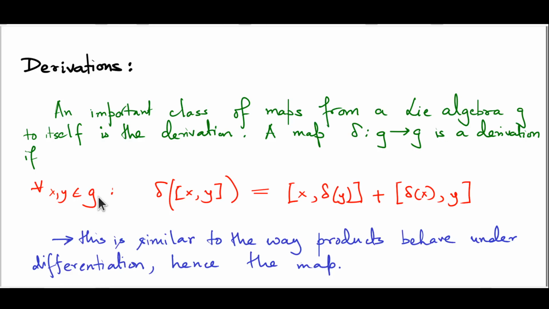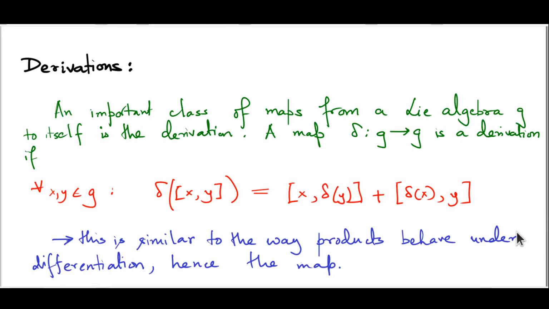And when you remember that the Lie bracket is actually the product when a Lie algebra is concerned, the name derivation becomes very obvious. In fact, derivations play a very important role in the structure of Lie algebras, and the reason behind that is because they behave very similarly to the way derivatives behave on ordinary functions.